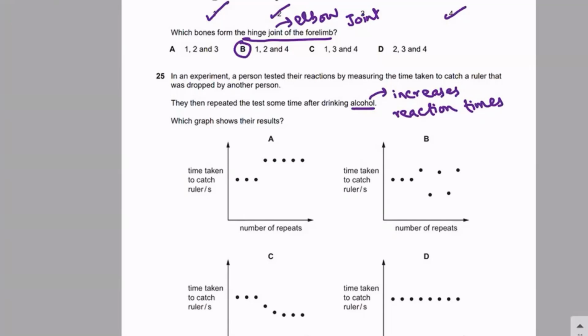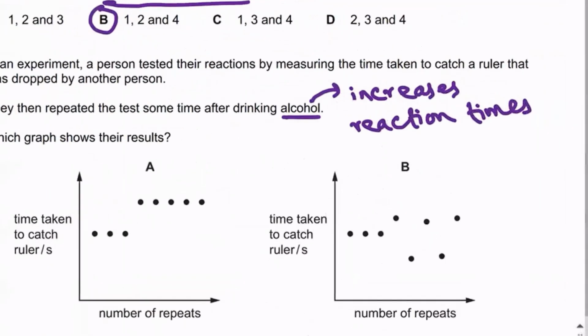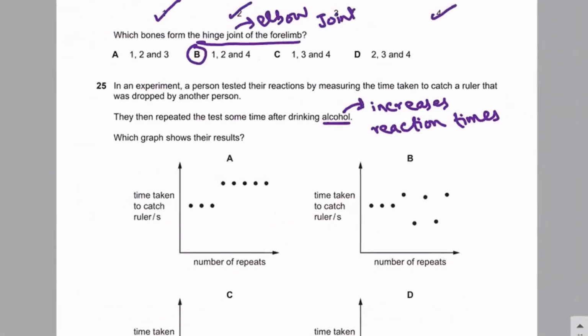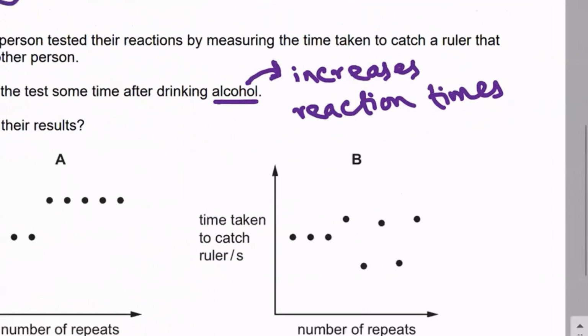That's why we cannot consume alcohol while driving, because if a car comes in front of us, we need to react immediately and stop before we collide into the car in front of us. That's why alcohol is not allowed while driving, because it increases the reaction time.